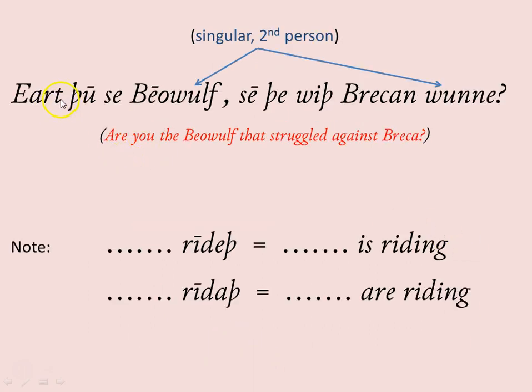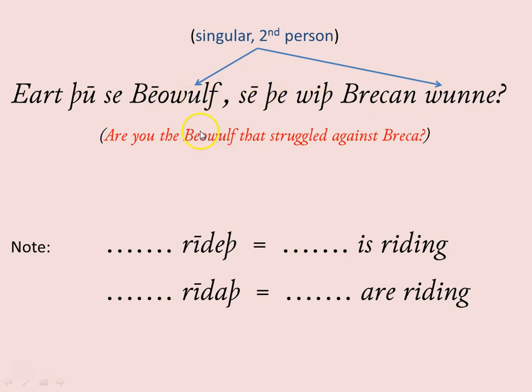Alright. Earthu se Beowulf, se thewith Breca on wunne. Are you the Beowulf that struggled against Breca? Now here, Beowulf and wunne are both singular second person. They agree with each other. And that tells you that grammatically they are connected.